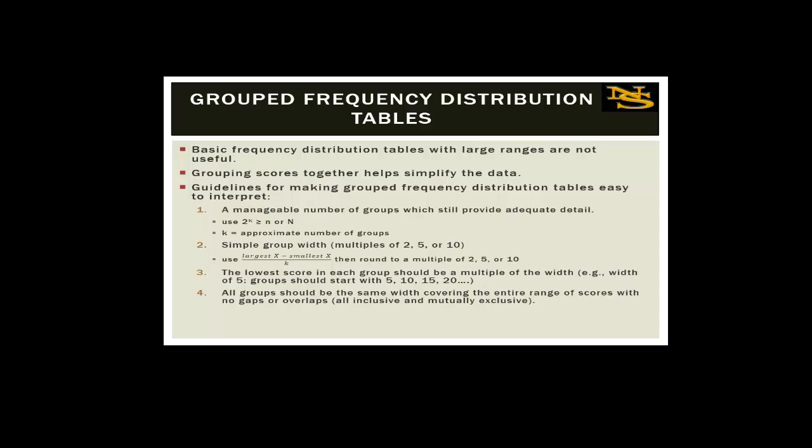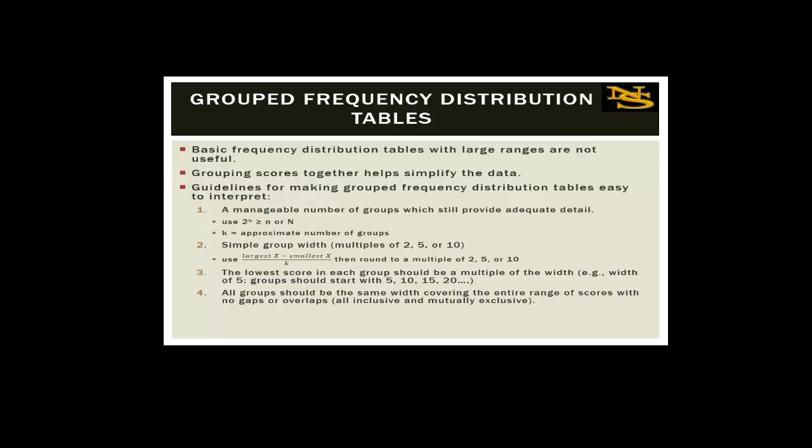You can do that using the 2 to the k greater than or equal to n rule, or N, depending on whether you're working with a sample or population. Basically, you try to find an exponent of 2 that gives you a final value greater than or equal to the number of scores in your data set. Whatever that exponent is, this little k, tells you how many groups you need. I'll show you an example of that in just a second.